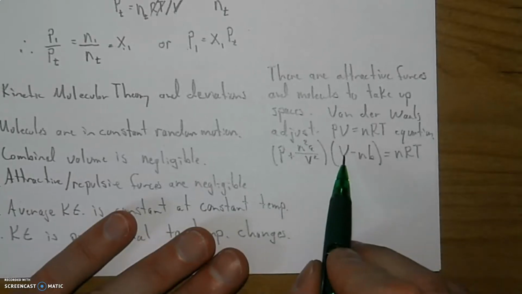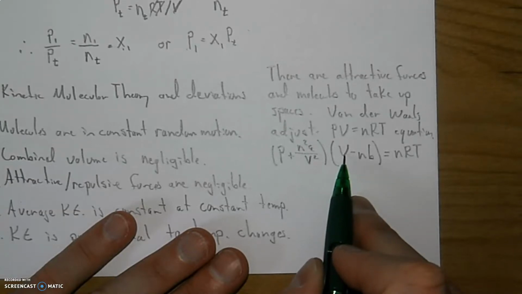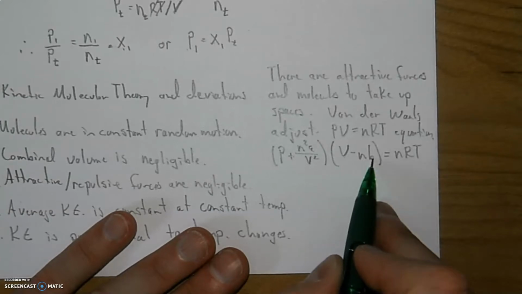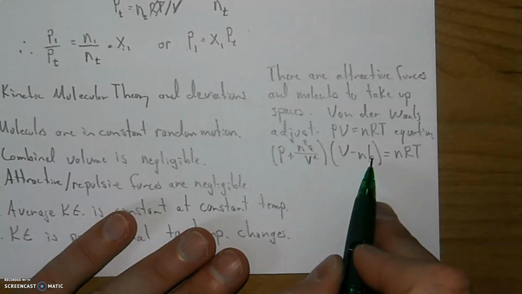Now, because of the volume that particles do take up, the volume value is going to be observed as too high. Therefore, for a particular gas, there is a subtractive value that will knock the value back down to what we want it to be as an ideal gas.